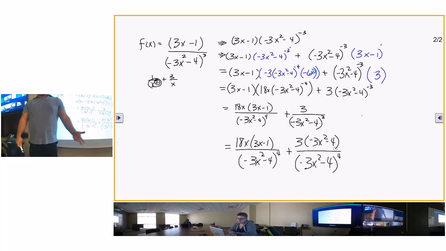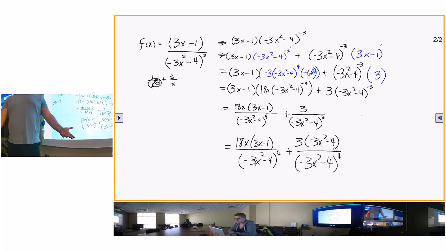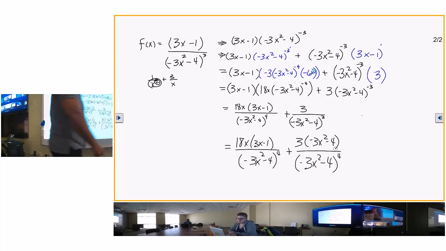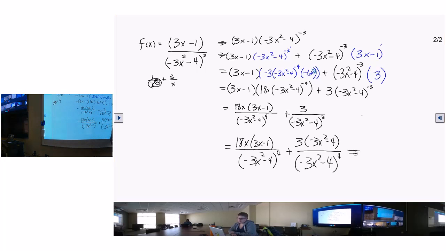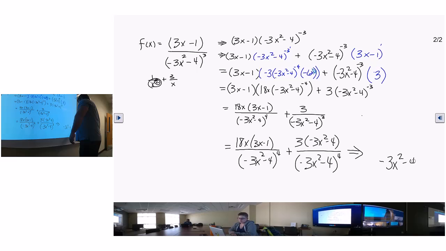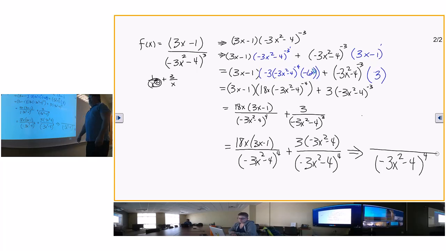Now it's just an algebra 1 problem, because now you can put everything over just one denominator. The common denominator is -3x squared minus 4 to the fourth power. Now, finish the top.